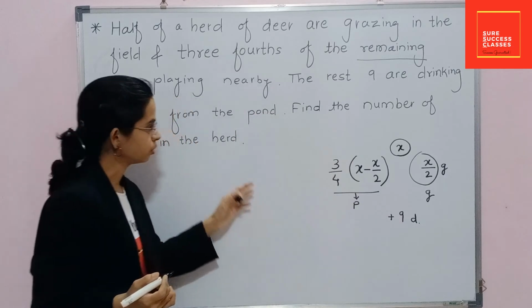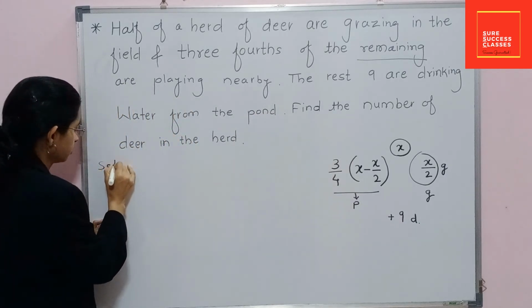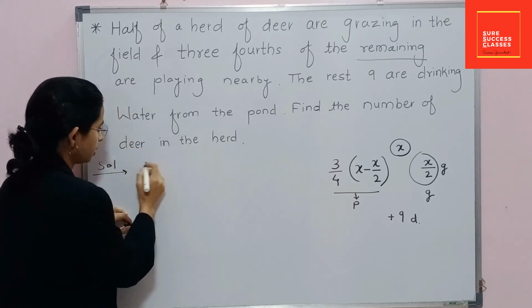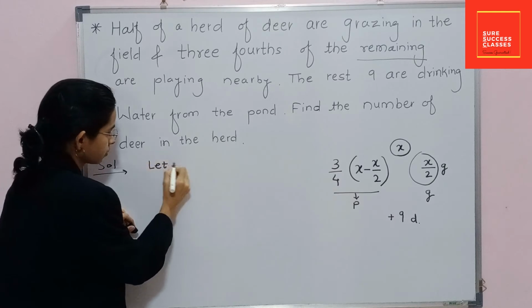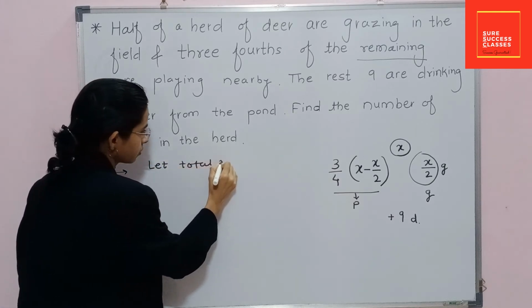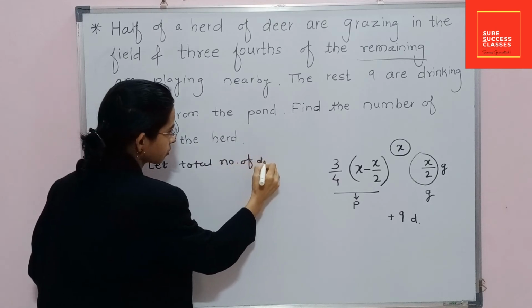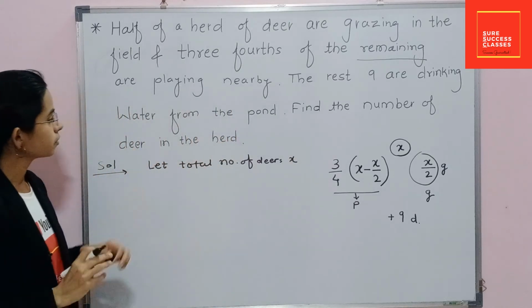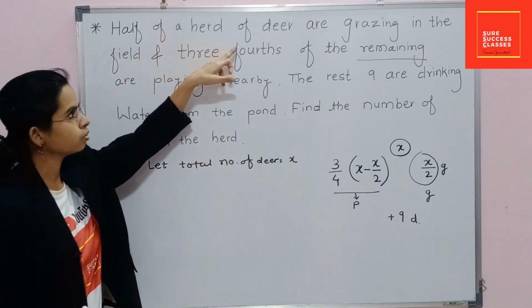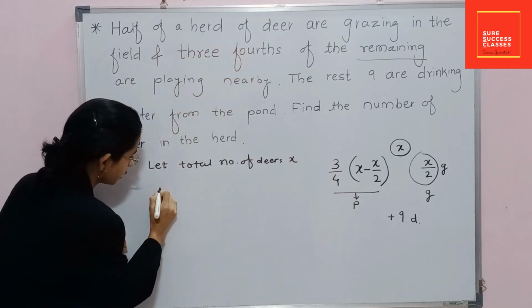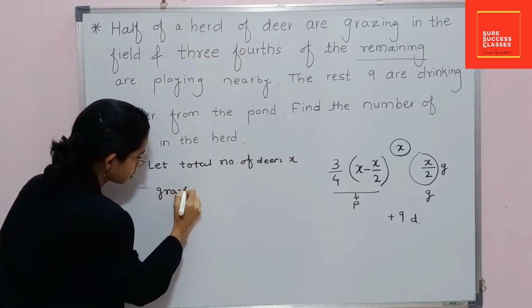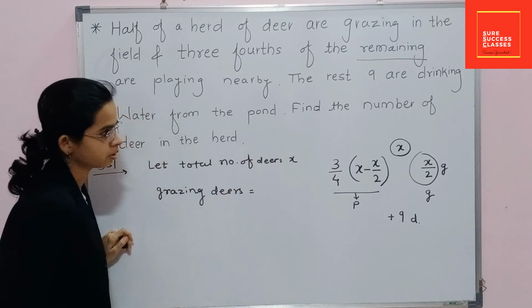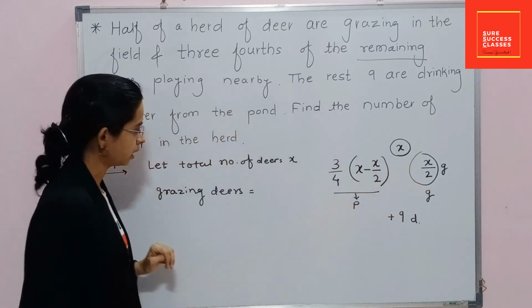So we will start to write our question. First we will assume total number of deer be x. First, half of a herd of deer are grazing. So then we will write grazing deer are equal to half of, means x by 2.